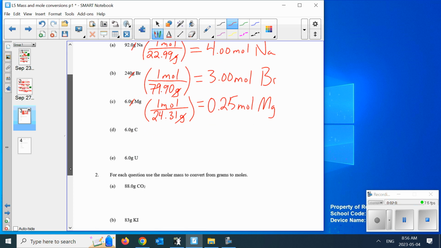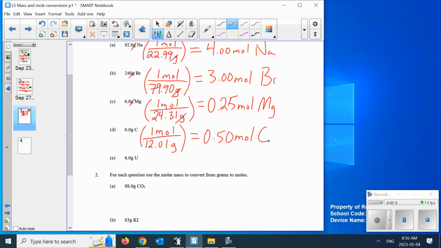Carbon is 12.01. So I'm going to use that. 1 mole, what I want to keep is on the top. 12.01 grams carbon. 6 divided by 12.01 is half. Properly rounded. Only 2 significant digits.